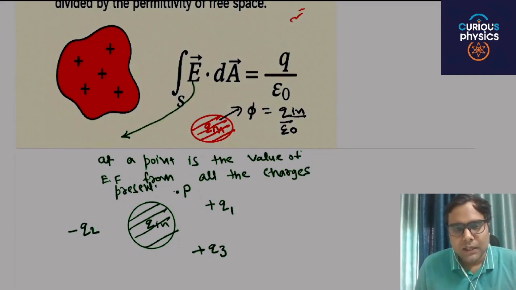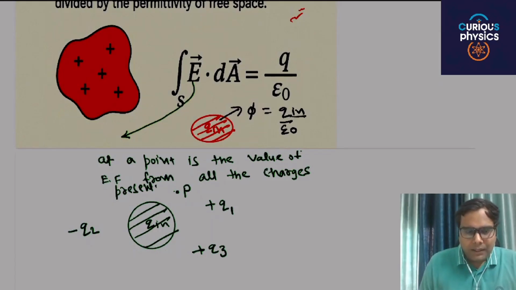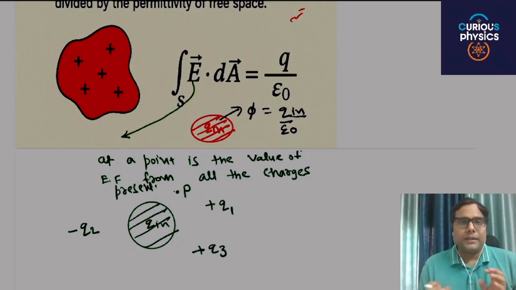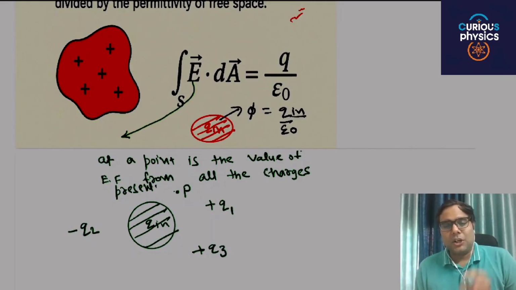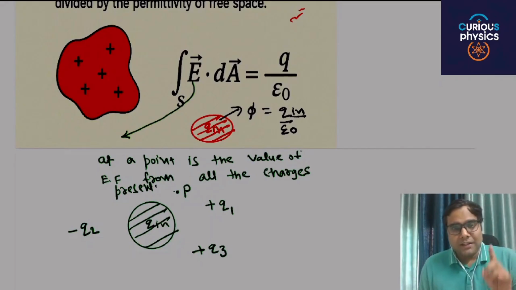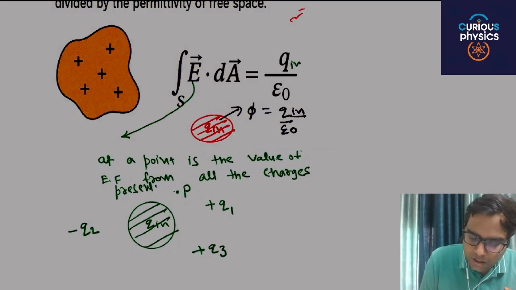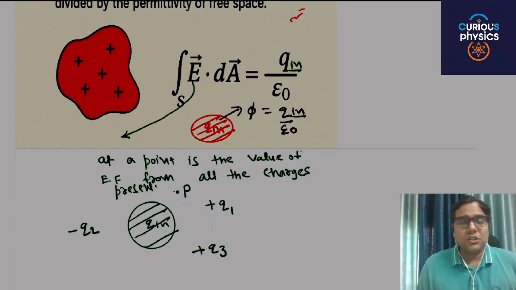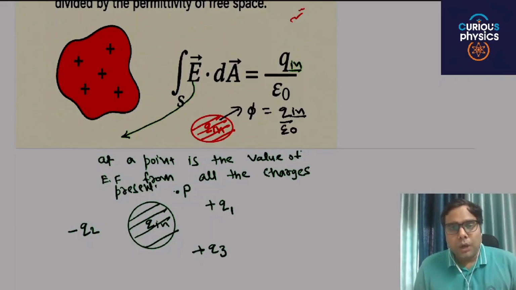We will discuss that later. At this point, the electric field is due to all the charges present in that space, but the electric flux is always equal to Q in by epsilon naught, where Q in is the charge enclosed in the surface. The conceptual clarity of Gauss law should be there. The formula is not enough. How to apply Gauss law is very, very important.